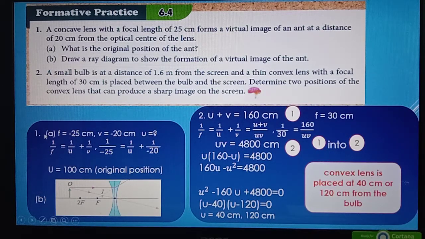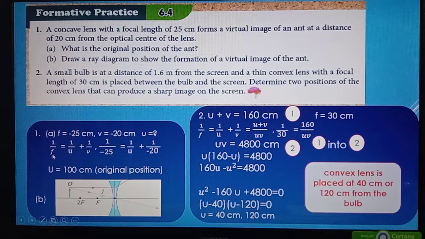Okay, number 1A. We want to determine the original position of the ant, meaning the object distance. The ant is the object. Given f equals negative 25, because this one is concave. v equals negative 20, because it is stated here the image is virtual, so you must put the negative sign.